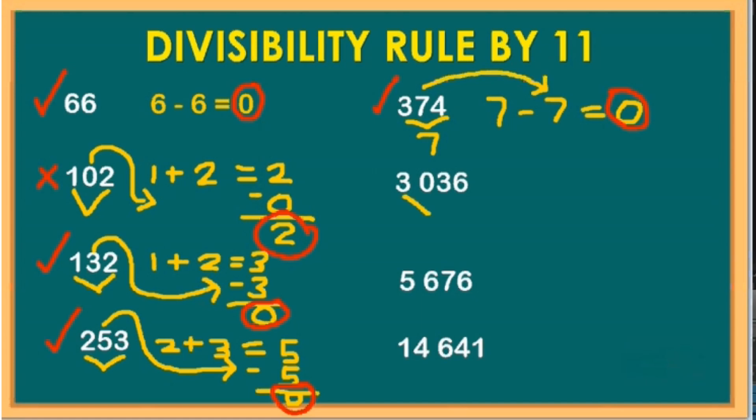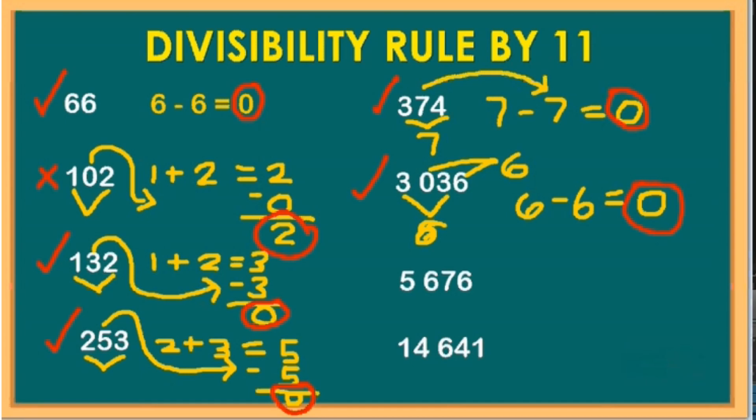Next, 3036, alternating digits again. 3 plus 3 is 6. 0 plus 6 is 6. 6 minus 6 is 0. So 3036 is divisible by 11.